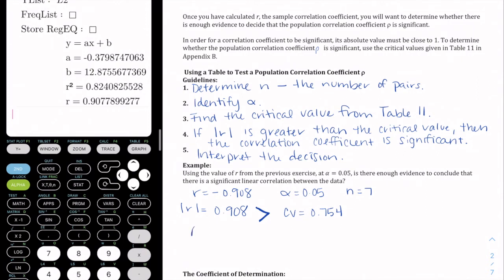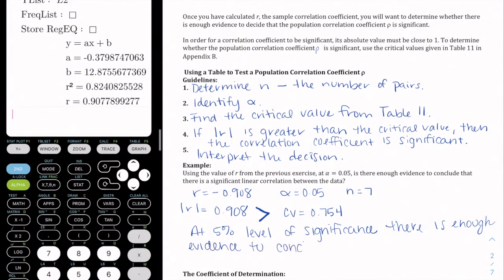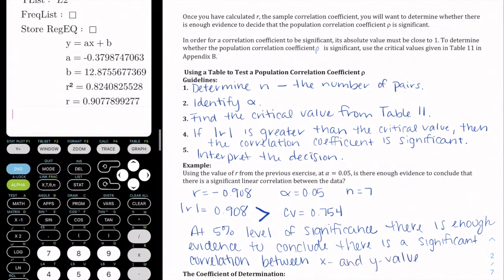So that means we can say at 5% level of significance, there is enough evidence to conclude there is a significant correlation between the x and y values.